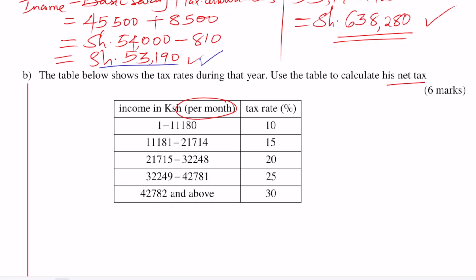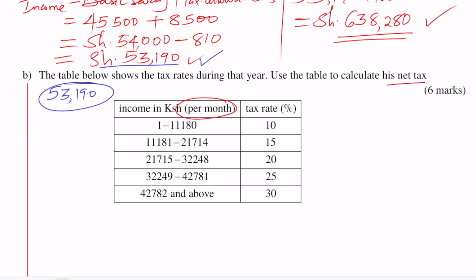So the first slab. Remember, don't forget that this is the amount that you are taxing, 53,190.